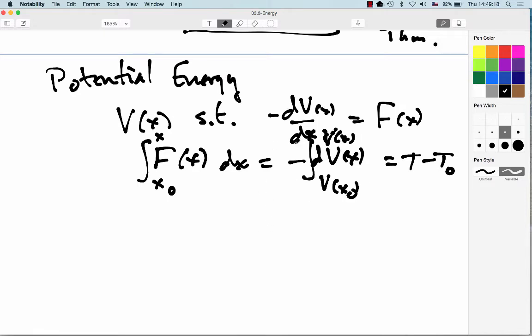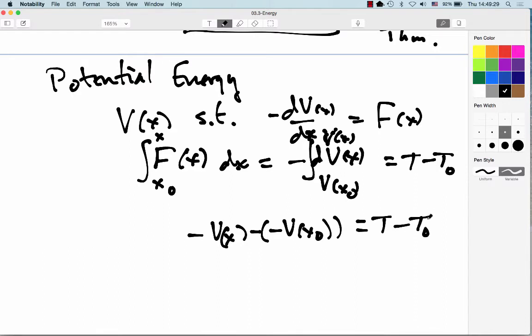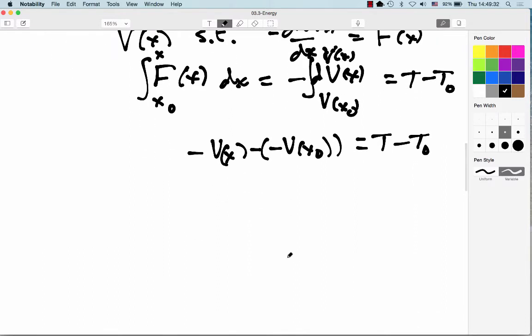So evaluating this, I wind up with minus V of x minus a minus V of x naught equals T minus T naught. Okay, so minus a minus is a plus, and if I rearrange this a bit, I get T naught plus V of x naught equals T plus V of x.